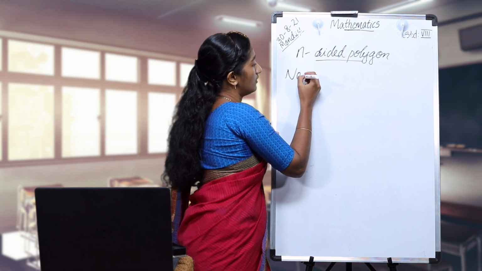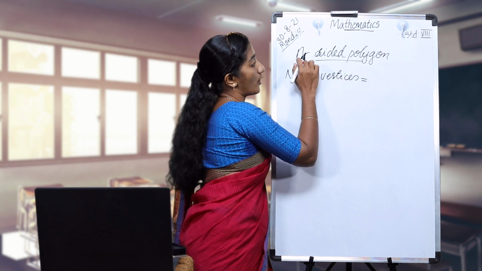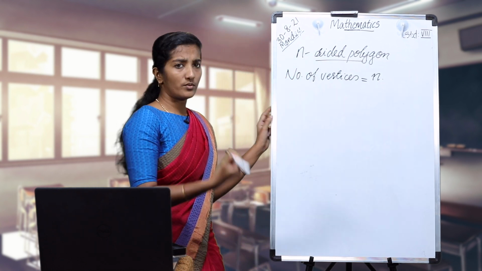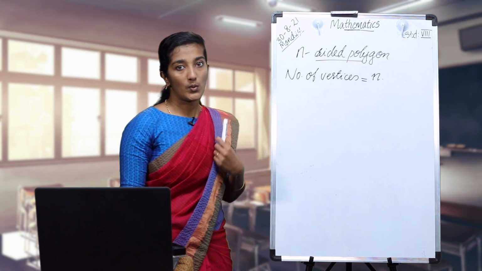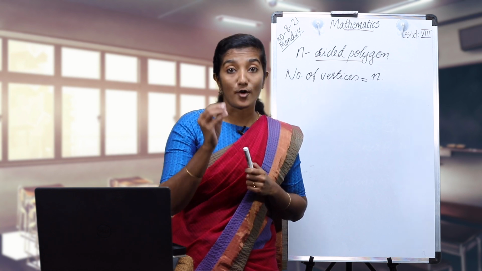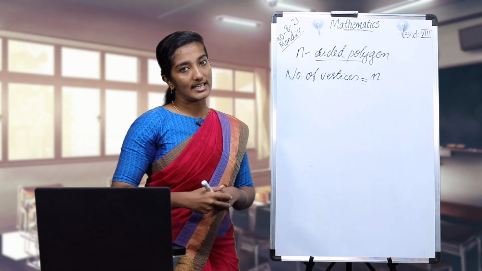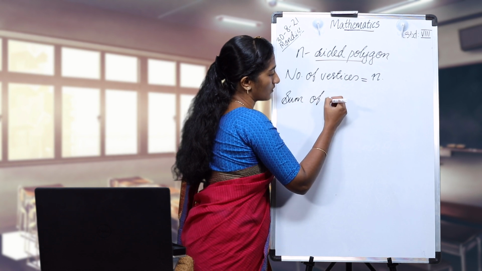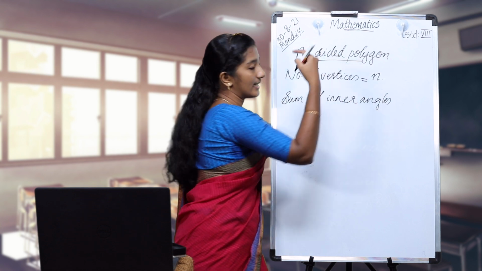The number of vertices of an n-sided polygon is n. Okay, then what was the next step? First we found the number of vertices. Then the next step will be, yes, very good, we have to find the sum of inner angles of an n-sided polygon.